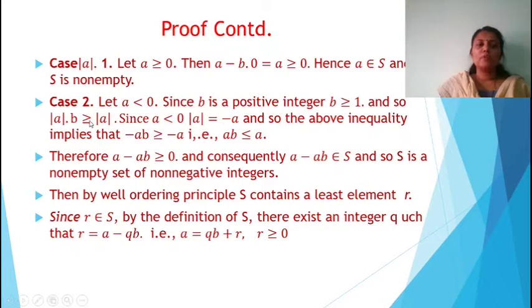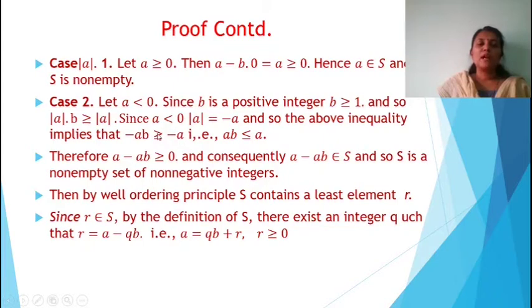Mod a into b is greater than or equal to mod a. We have taken a is less than 0, so mod a is equal to minus a. So the above inequality implies that instead of mod a we can write minus ab is greater than or equal to minus a.